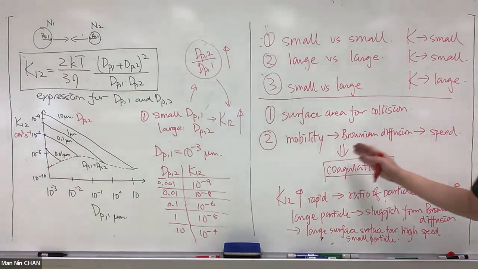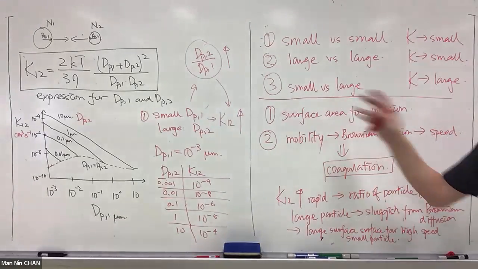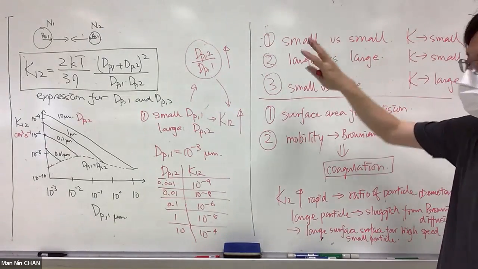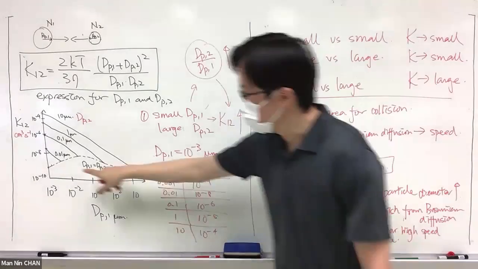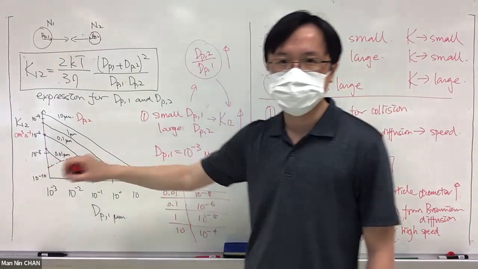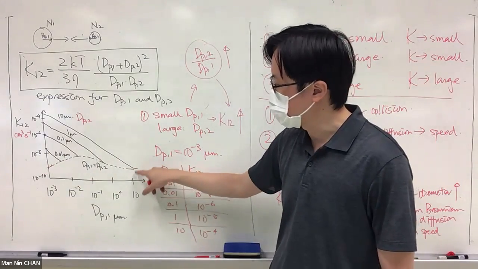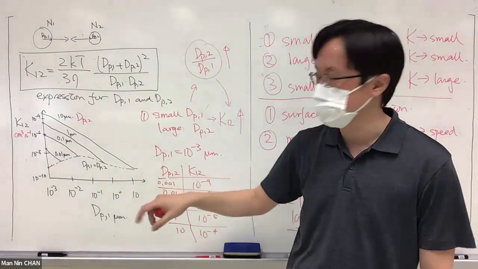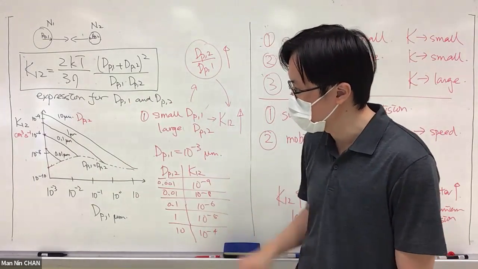So for coagulation, I hope you have the idea that if you have two very small particles, the coagulation coefficient is very small. And if you have two large particles, they basically just stay there, they don't move around for collision, so they also have a very small value.